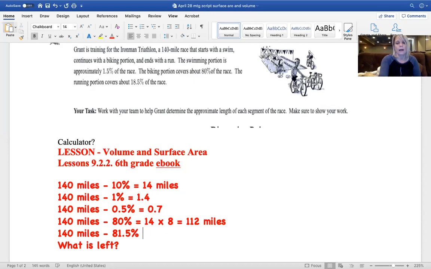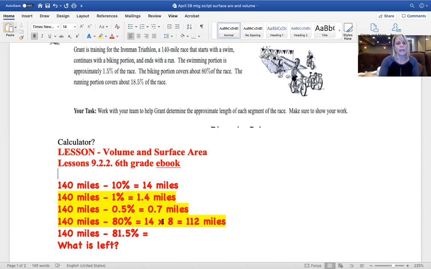Now, 81.5%. Now think about what 81.5% would be. It would be, hold on, let me put my little labels here. So if I'm finding, and I know this is a lot of steps, but I just want to show you that this is a possibility.